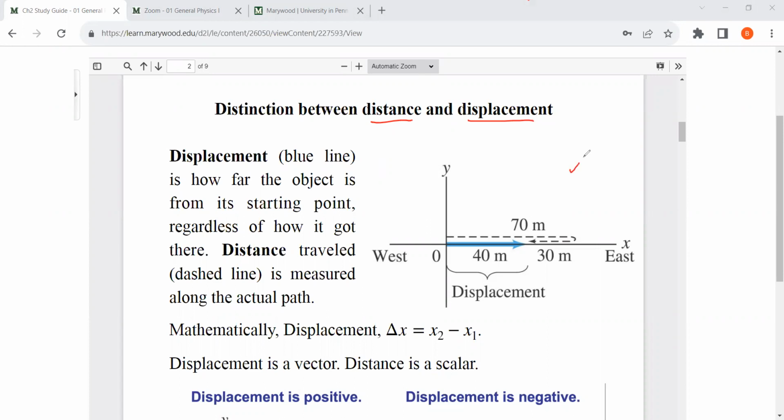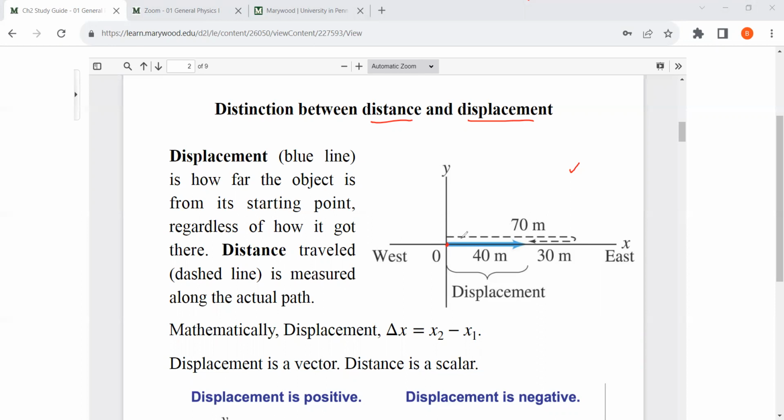Okay, so let's say someone starts walking from the origin. So this is the origin. Origin means where the x and y axis intersect. So let's say someone starts from here and the person walks 70 meter to the east.